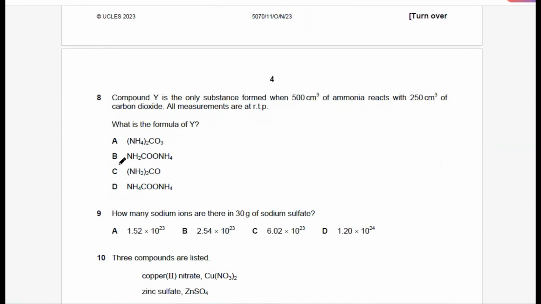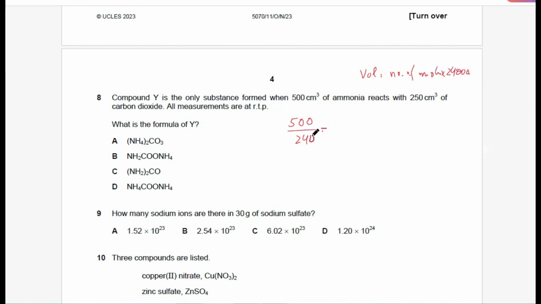Ammonia, 500 cubic centimeter. So 500 cubic centimeter means that you just convert it into moles. 500 is the volume, so divided by 24,000, because volume is equal to number of moles into 24,000.